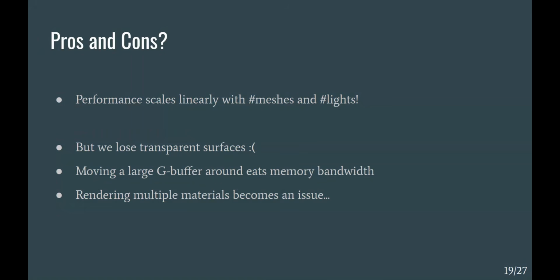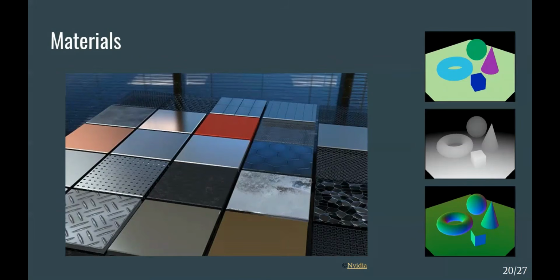Now, one downside I want to talk about is the idea of having multiple materials. In a forward renderer, as I said, draw calls are done per mesh, and so we can specialize fragment shaders on a per mesh basis. However, in a deferred renderer, we have compressed the scene into the G buffer.